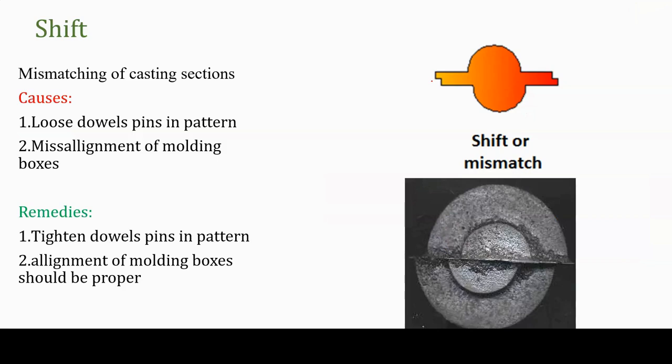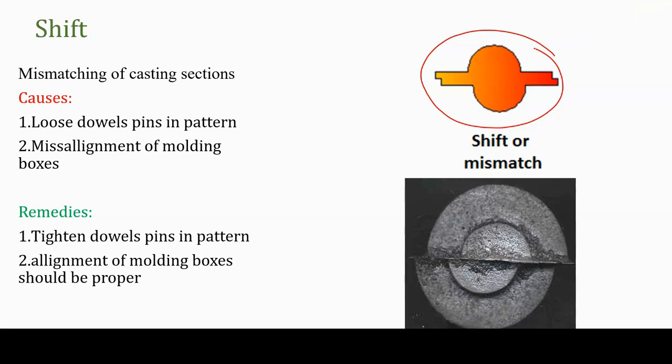And the next one is shift. As you know, in the pattern we usually use a cope and drag pattern. So for the split pattern, one piece you will keep in the cope and another piece you will keep in the drag. Whenever you cannot match that cope and drag patterns properly, you can have such defects. This happens due to mismatching of casting sections.